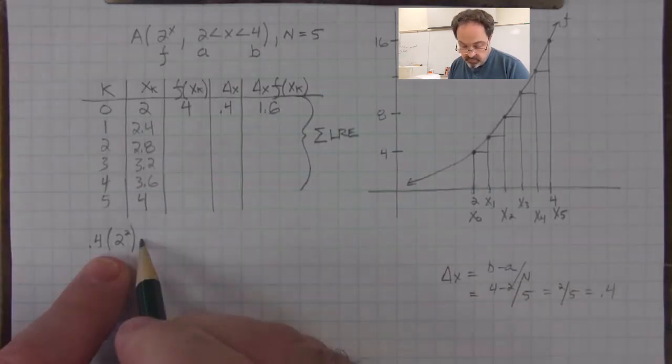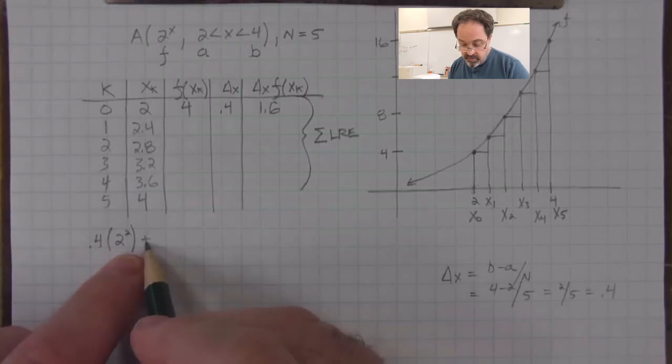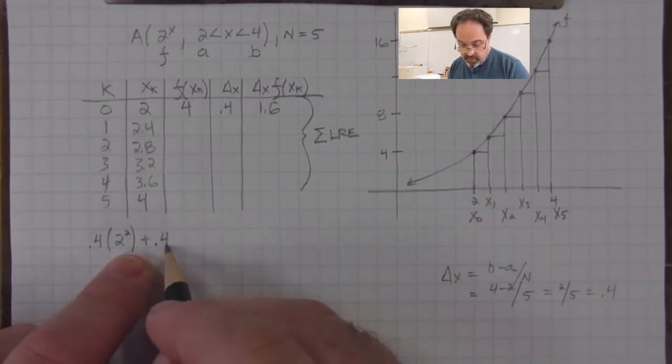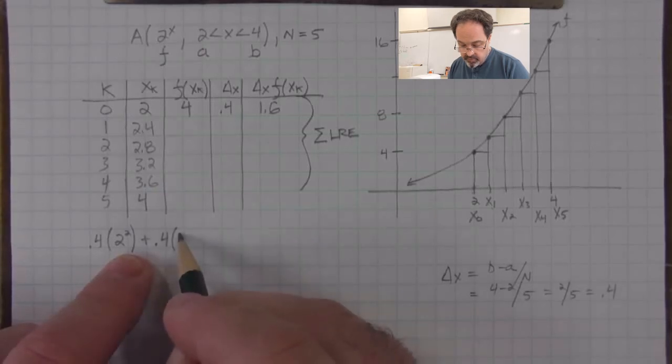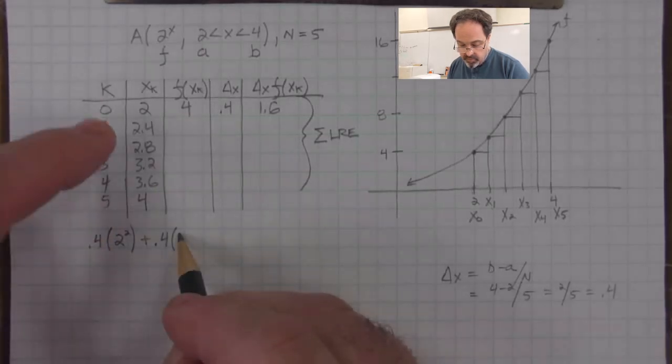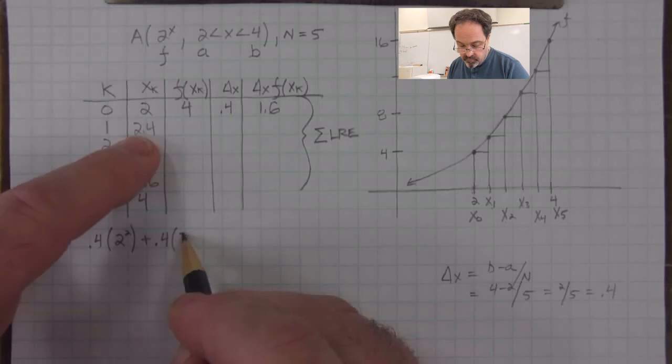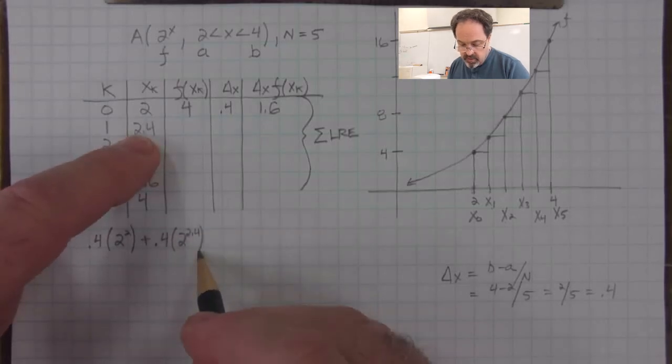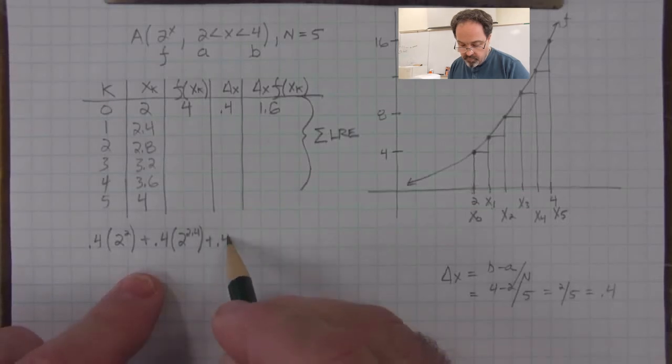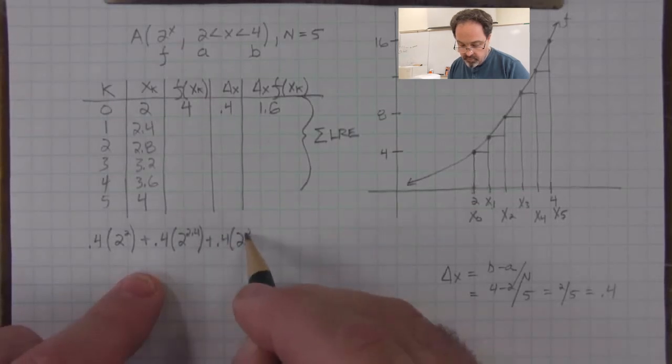I'm going to continue. The second rectangle is the same base of 0.4 times the value of the function found by putting 2.4 into the function, or 2 to the 2.4. The third rectangle is 0.4 times 2 to the 2.8.